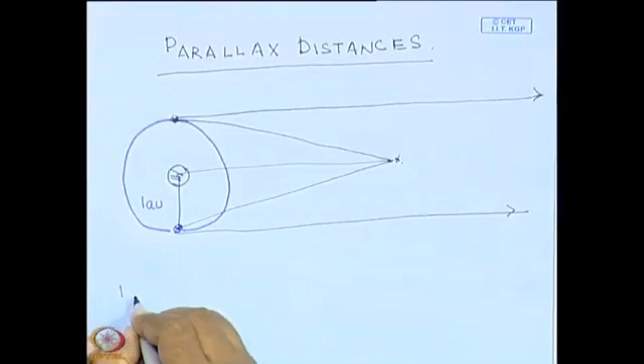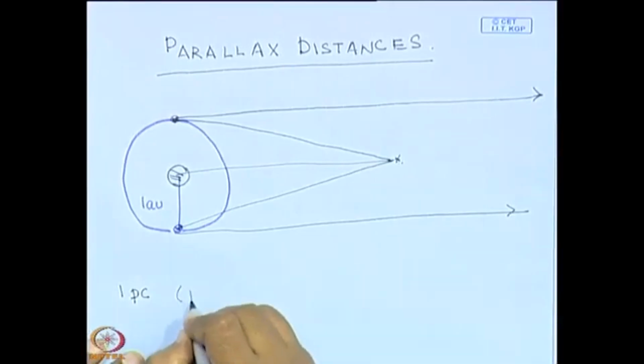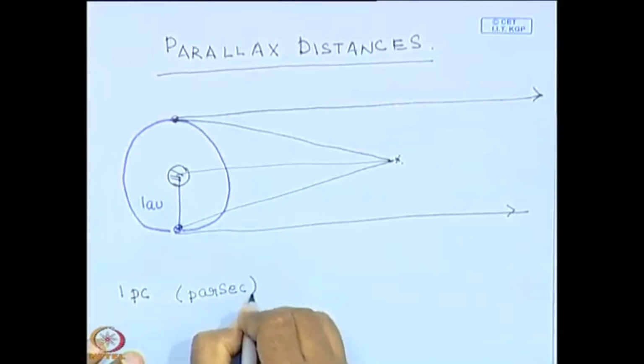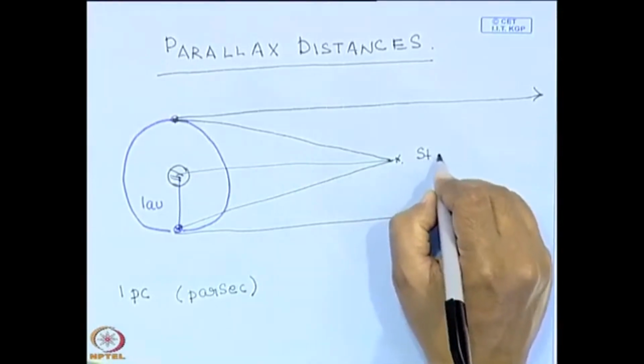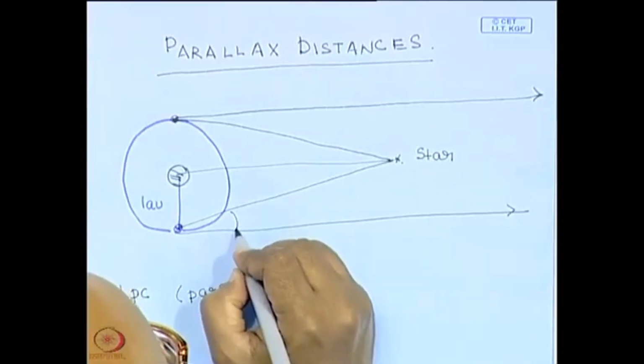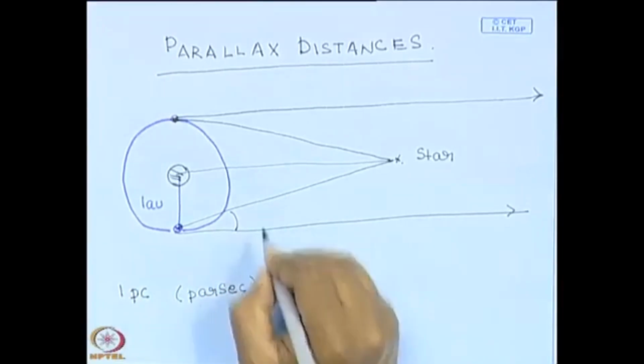The unit of distance beyond the solar system is a parsec, which is denoted by 1 pc, and it is the distance where if I place a star here at this distance, this parallax angle would be 1 arc second.